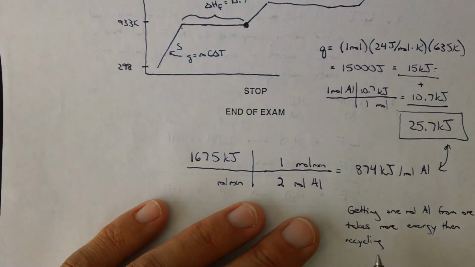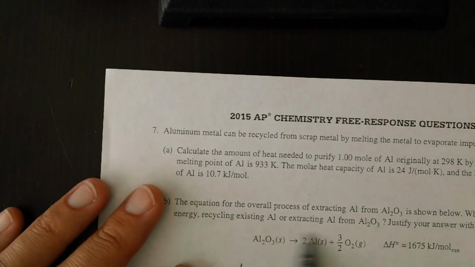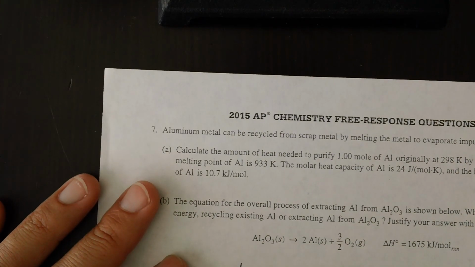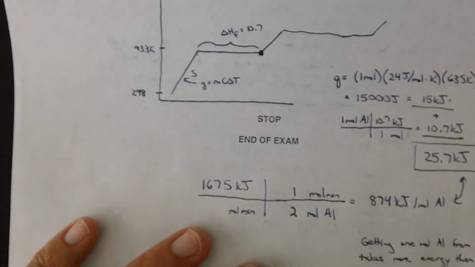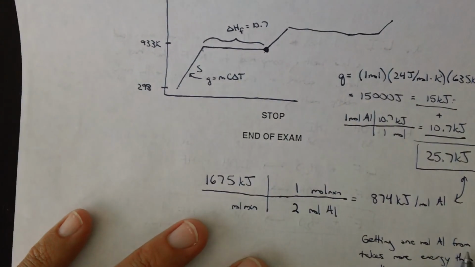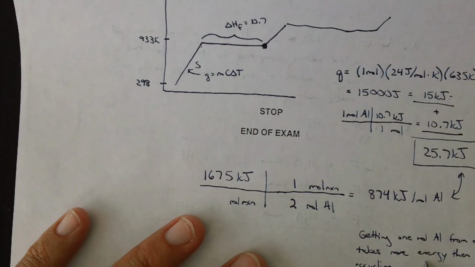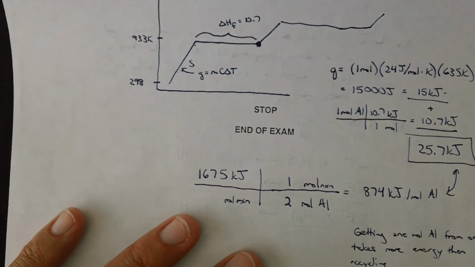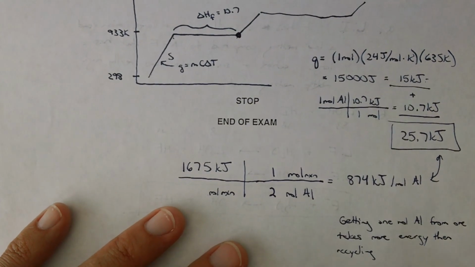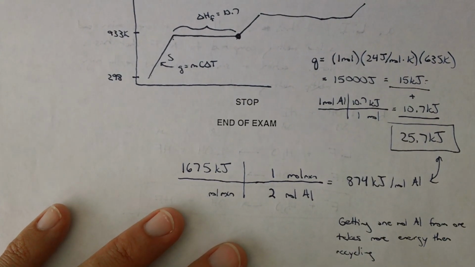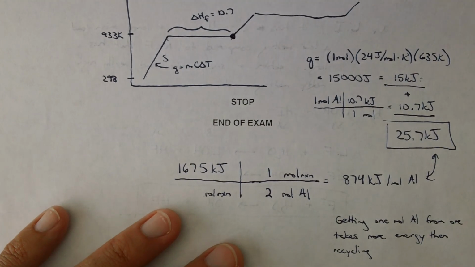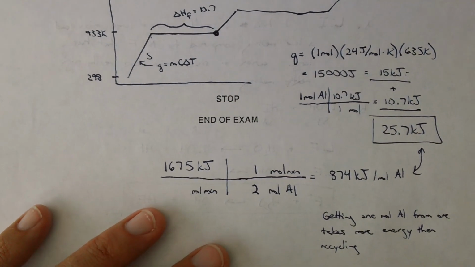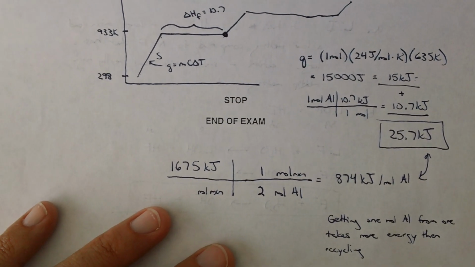Make sure you're answering the question, right? And the question is, which requires less energy? So getting it from the ore takes more energy than recycling. So answer the question. But that's your calculation. That's your answer to the question. There's your 2 points on 7B. Hope that makes sense. If you got questions on it, make sure you yell at me.